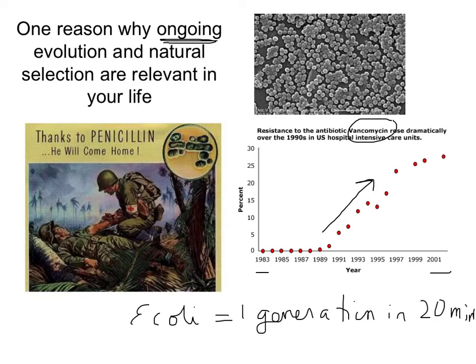It's an antibiotic we rely on when many others fail. And so this is very disturbing. This is showing us that in 1983, most of them were not resistant, but by the late 1990s, we're seeing close to 25%, or 1 in 4, of those isolates resistant to antibiotics.